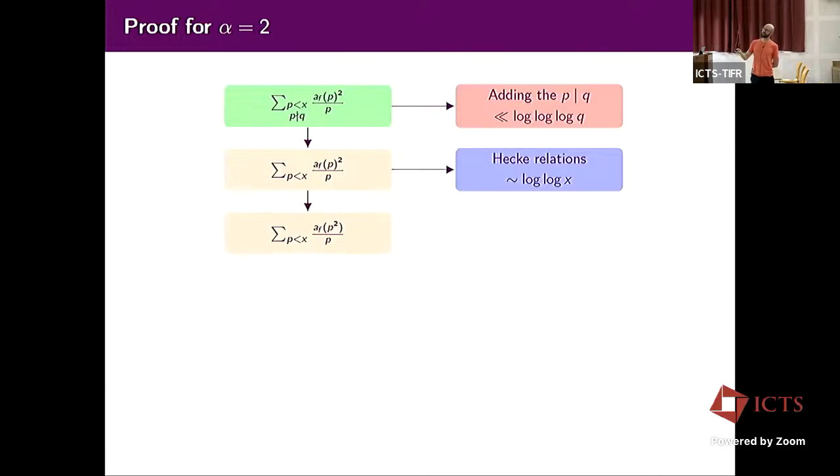Then you relate these a squared to the coefficient at p squared by the Hecke relations. We know that the coefficient at p squared is the coefficient of p squared plus 1. That plus 1 gives you a sum of 1 over p, and by Mertens' estimate, that's the log x appearing as the main term. That's the only contributing part.